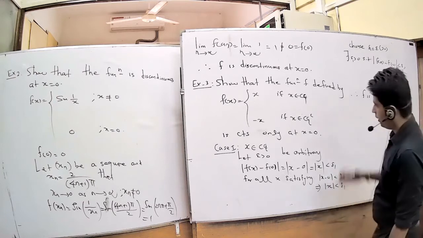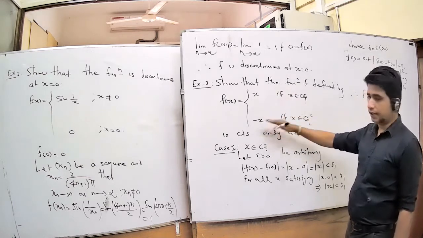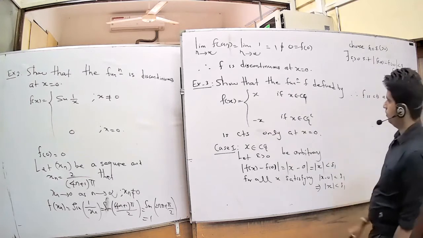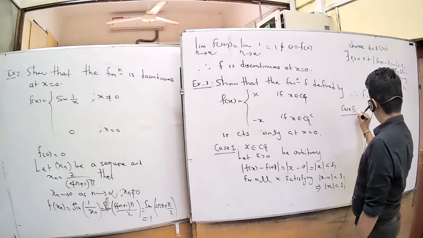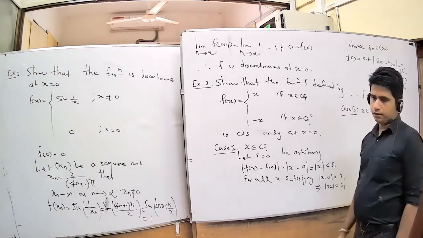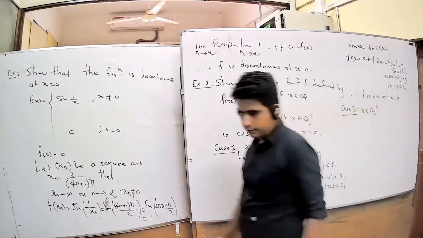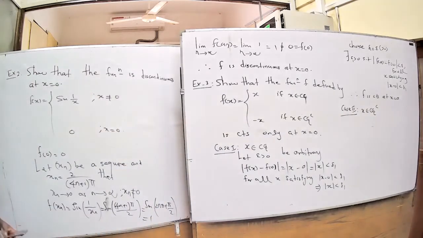Understand? Now we prove f is continuous at x equal to 0 for this case. Right. This is the first claim. Now second part, case 2. You take x belonging to the irrational numbers.